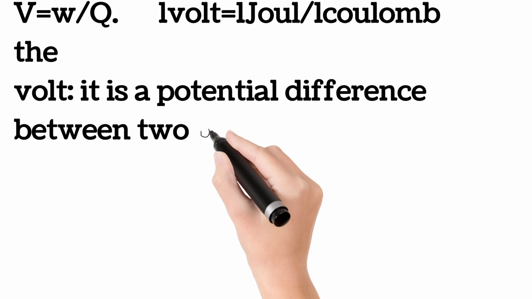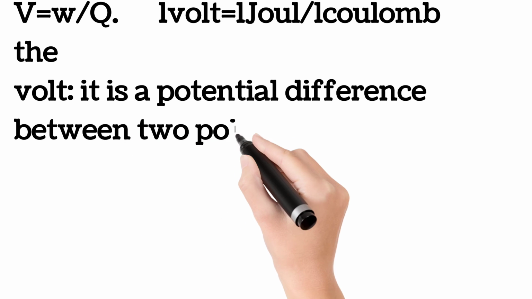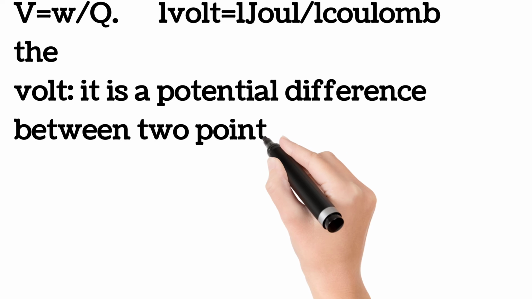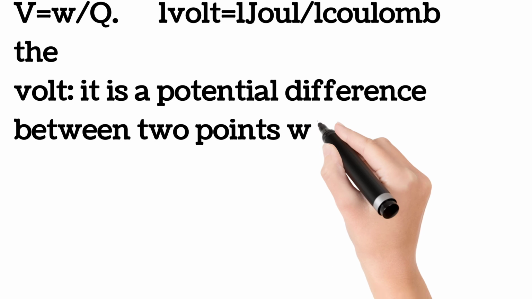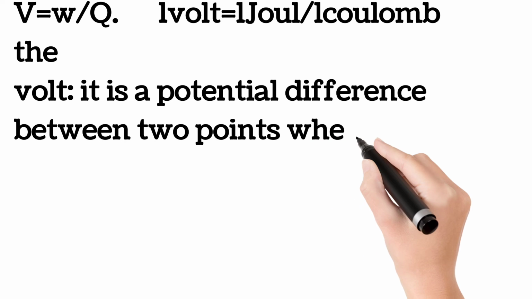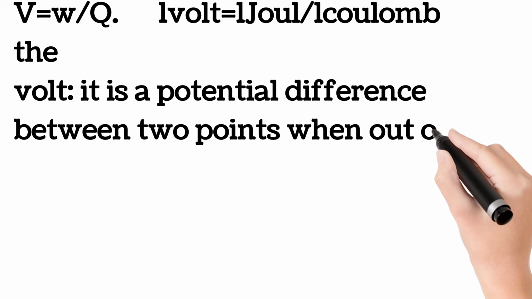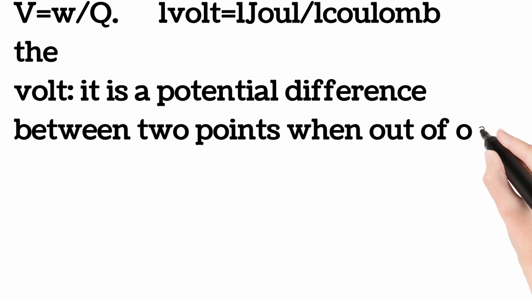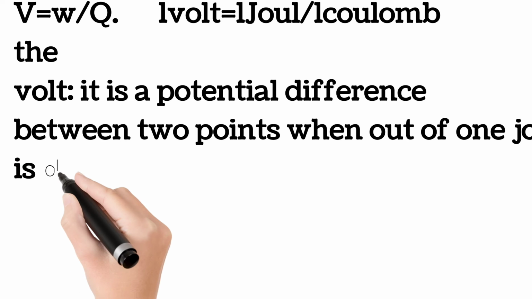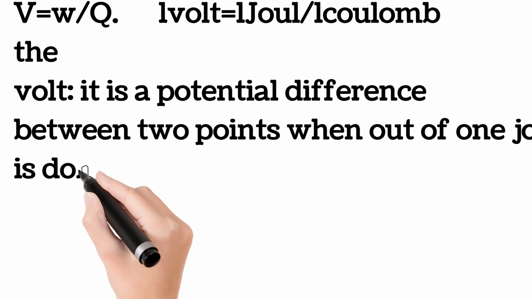The electric potential difference is measured in joule over coulomb, which is equivalent to volt. We denote it by capital V. For that, we can say 1 volt equals 1 joule over 1 coulomb.